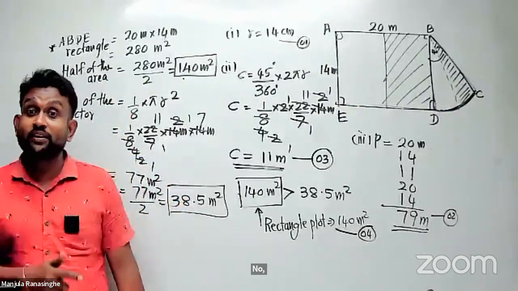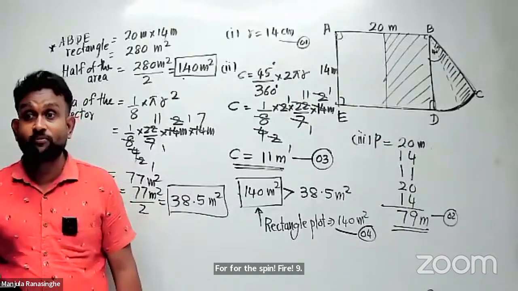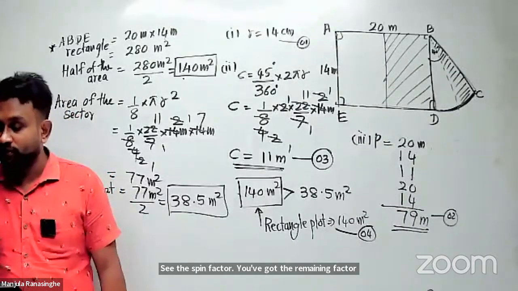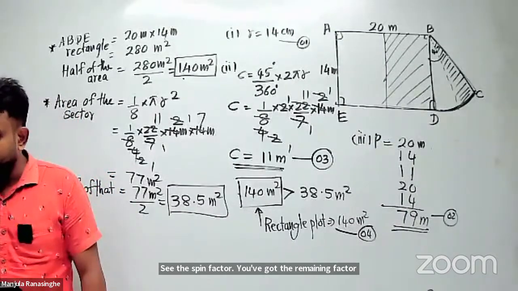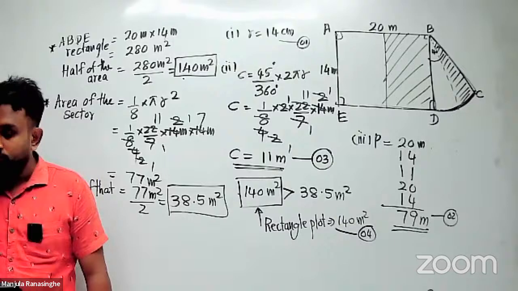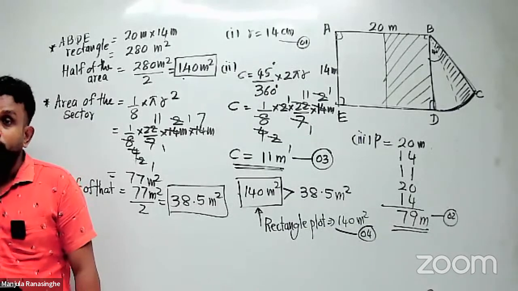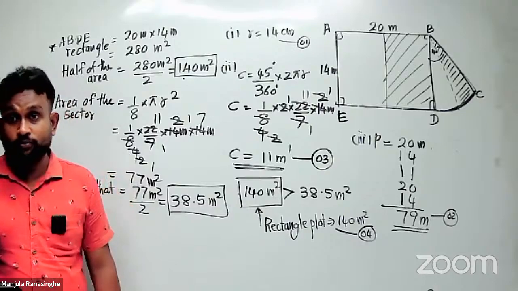For food, 5/9 is spent. See the spent fraction. You got the remaining fraction. Right. Okay, that is fine.